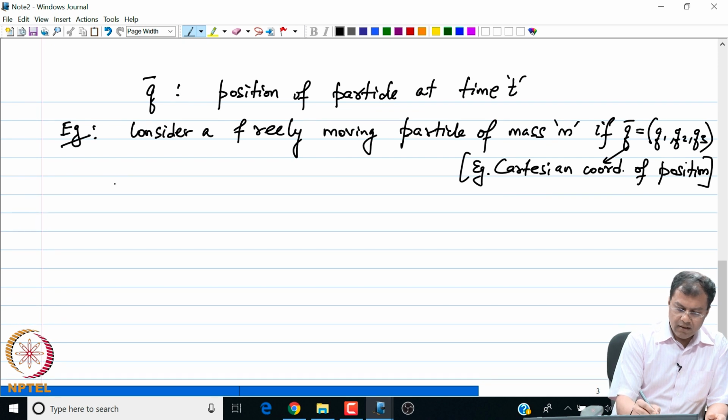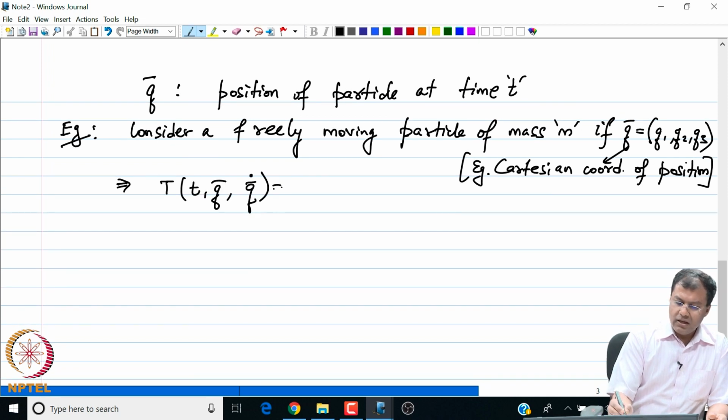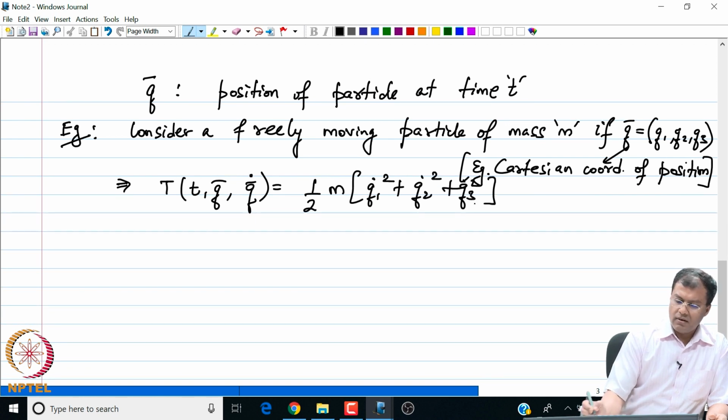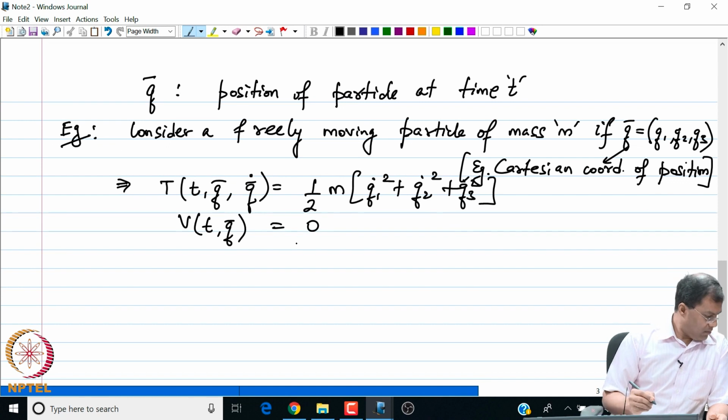In this case my kinetic energy T of q, q bar dot is given by half m v squared, which is half m times q1 dot squared plus q2 dot squared plus q3 dot squared. Here I am not given any information about the potential energy, so let me assume that this is 0.